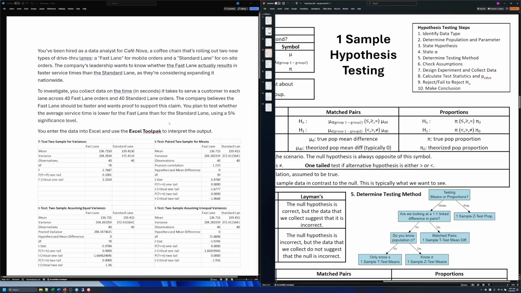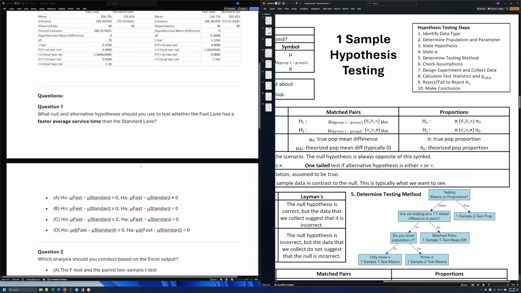Is it the same person who goes through each of those? Is it the same order type? Are we linking them up by the time of day? In here, there's nothing that's doing a one-to-one link. So we know that we are doing two sample hypothesis testing that is not matched pairs. We're just going to highlight that one.